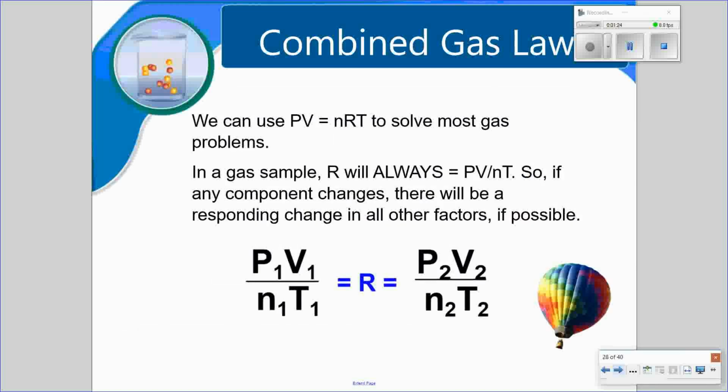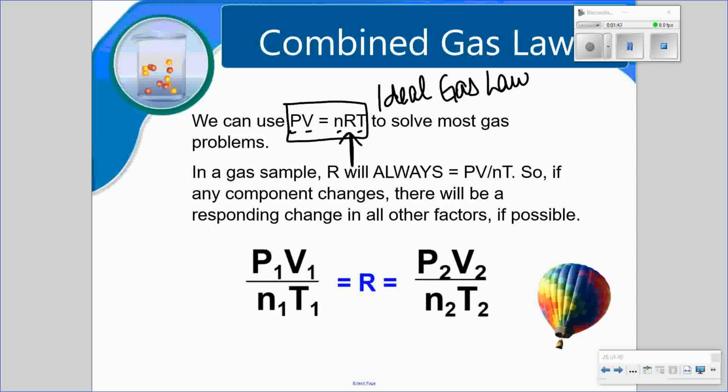So where did we get the combined gas law? It's actually derived from PV equals nRT, which is called the ideal gas law. We're going to learn about this law in a later video. But what the ideal gas law does is it relates pressure, volume, number of moles, and temperature to a value called R, which is a constant.